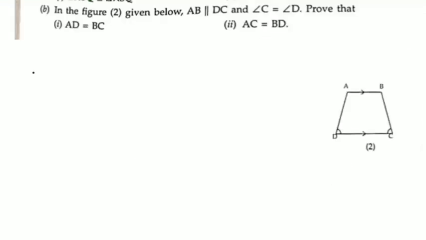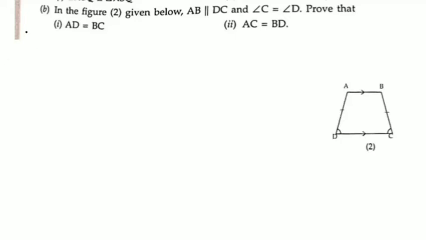Okay, now we will solve problem number 13b, and the problem is in Figure 2. This is Figure 2 given below. AB parallel to DC. Prove that AD is equal to BC and AC is equal to BD. We have to prove these 2 points.